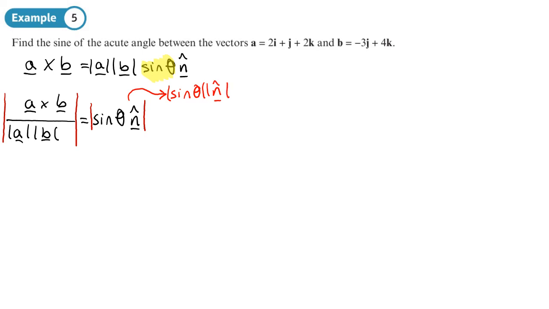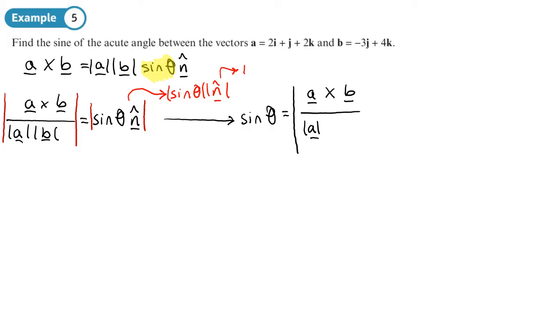Now since this is a unit vector, the length of a unit vector is 1, so we're going to end up multiplying by 1. So all of this will become the sine of the angle, the acute angle between them, will equal A cross B divided by the length of A times the length of B. So let's start by working out the top part, which is A cross B.